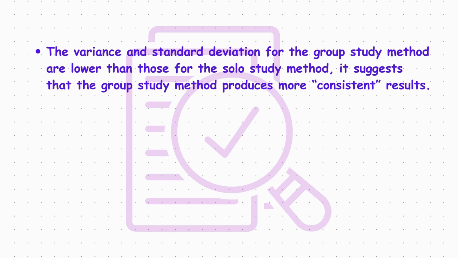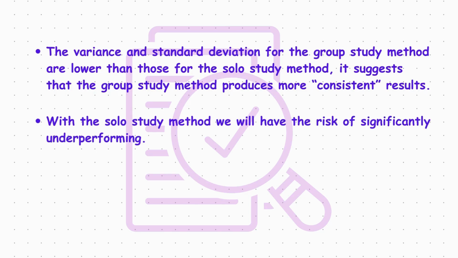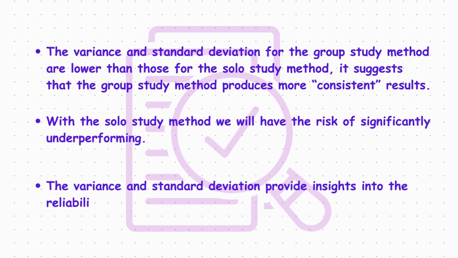It suggests that the group study method produces more consistent results. With the solo study method, we will have the risk of significantly underperforming. Variance and standard deviation provide insights into the reliability and predictability of each study method.